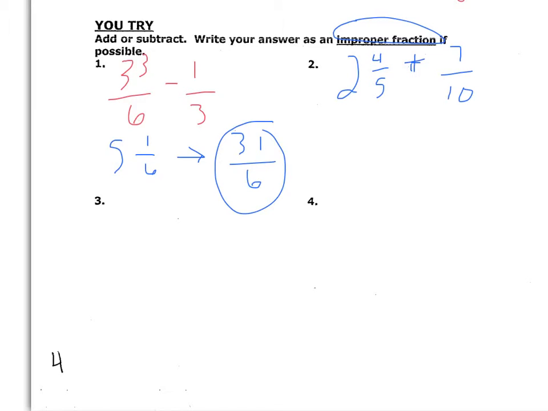You would type in 2 ABC 4 ABC 5 plus 7 ABC 10. And this would give you 3 1/2. And we're going to change that mixed number to an improper fraction, so we push second ABC, and that gives you 7/2.